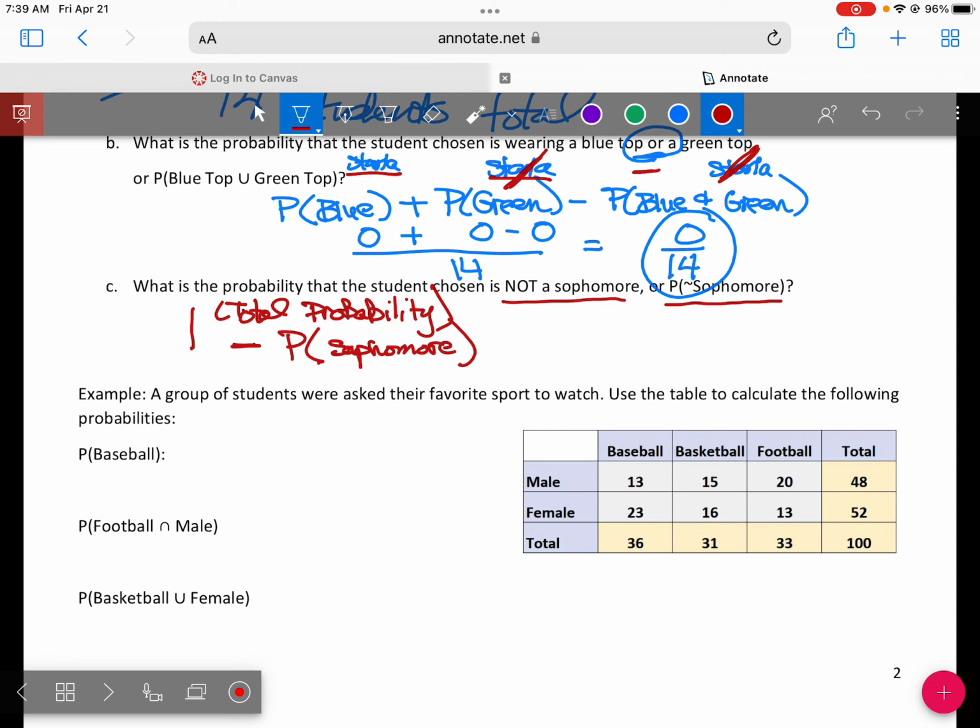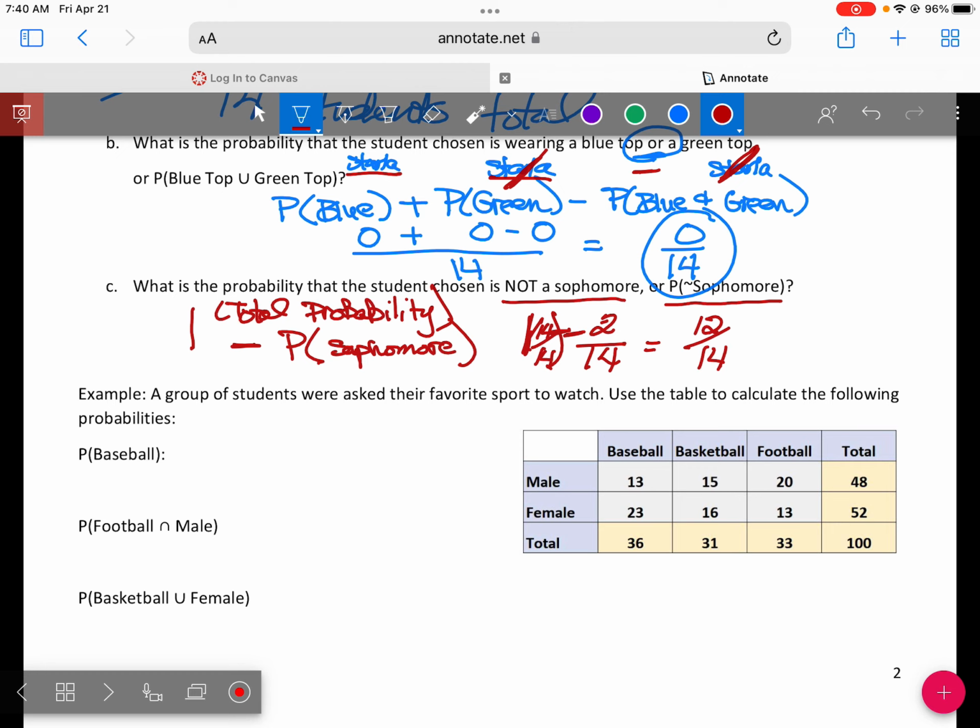Okay, so total probability, I'm going to start with 1 minus, we said we had 14 total, right? And we have 2 that say they are sophomores. So how could I rewrite 1 as that fraction? I would rewrite it as 14 over 14. So 14 14ths minus 2 14ths is 12 14ths.